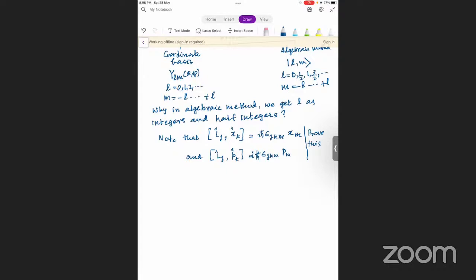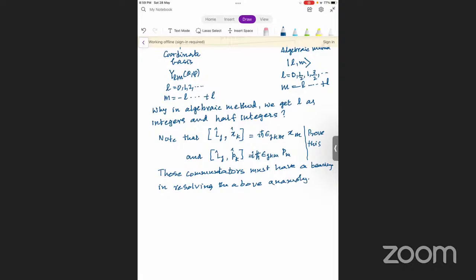Now you can ask a question: these commutators must have a bearing in resolving the above anomaly, if I may call it an anomaly.